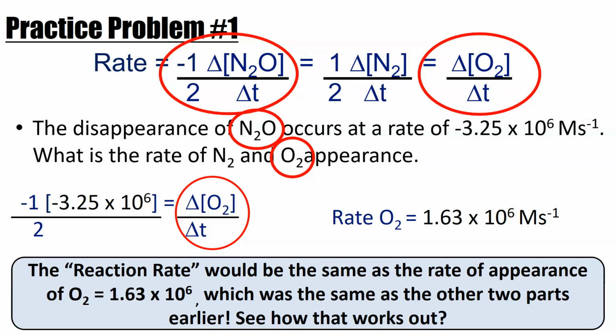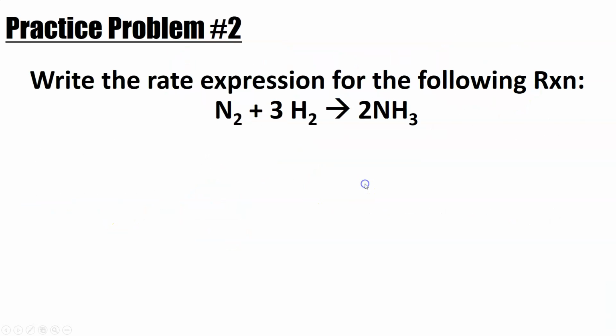Because the reaction rate will always be the same regardless of which chemical you're measuring. The rate of appearance and disappearance may not be equal, but what we call the overall reaction rate will be equal. All right, write the rate expression for this one.